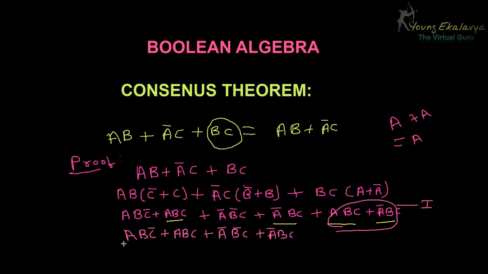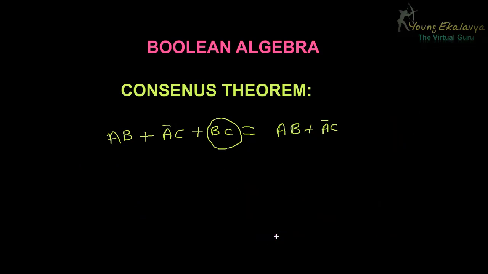And now how can we simplify this further? Think, observe it here. We have ABC and ABC bar. So here we can take AB as common, and here we have A bar C, B bar and A bar C, B. So here we can take A bar C as common.